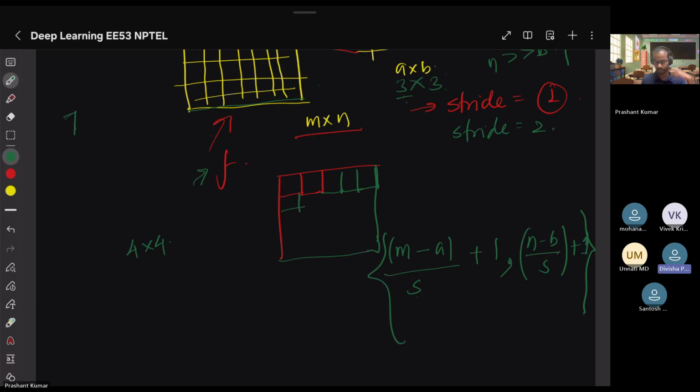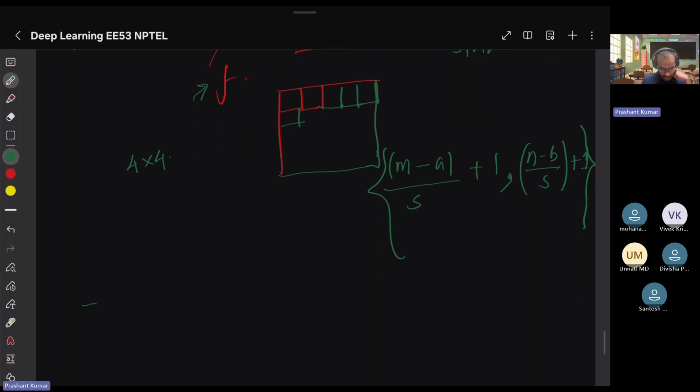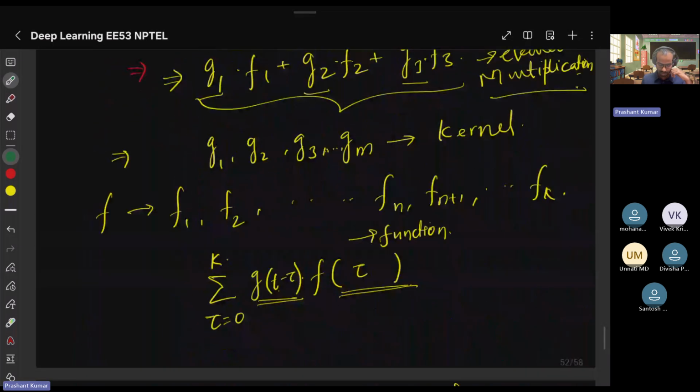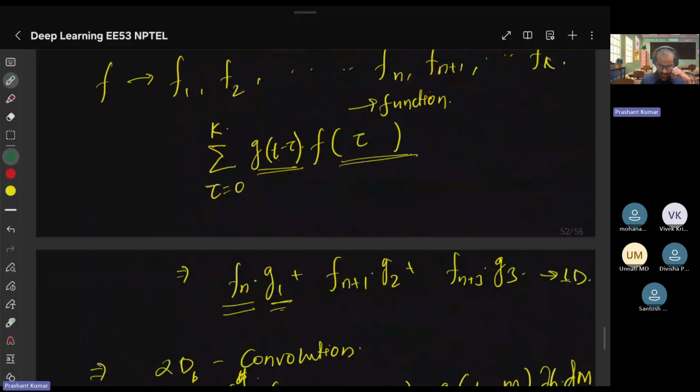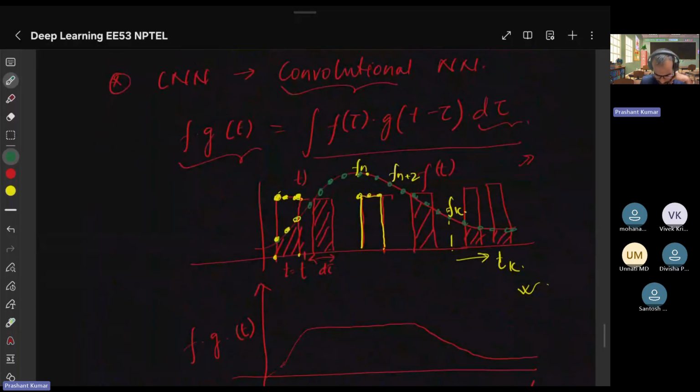Now there is another concept called padding. So why is padding coming into this picture? Let's go a little bit back. Let's say your function starts from here, but you are starting your convolution from here.